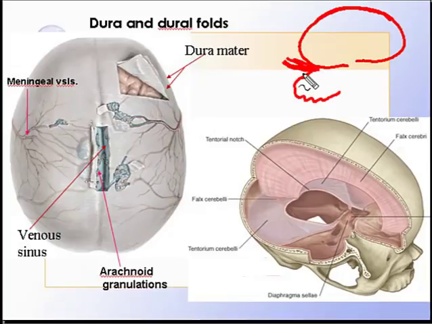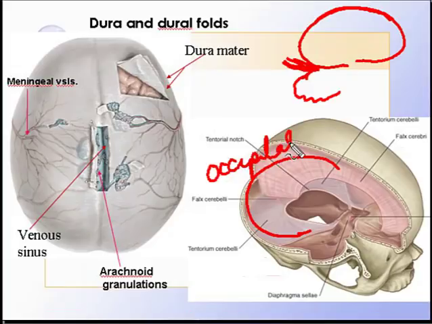So it separates the cerebral hemisphere from the cerebellum, and in particular it separates the portion of the cerebral hemisphere which lies here, which is the occipital lobe. So here this is the occipital lobe. So it separates the occipital lobe from the cerebellum.